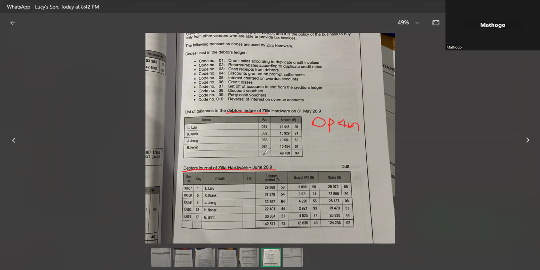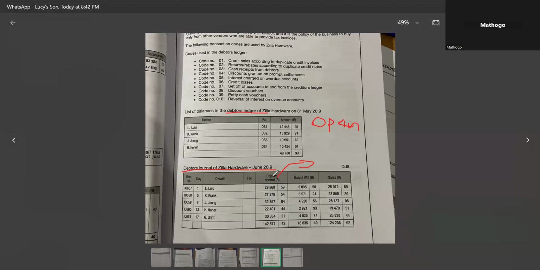Do you see it? Yes, sir. This is the column of interest because it will affect your debtors ledger account. And this column total, because obviously we're doing it for all of these guys, right? In the debtors journal, what do we record? We record all the sales transactions that were made on credit to customers. That's what goes in the debtors journal.